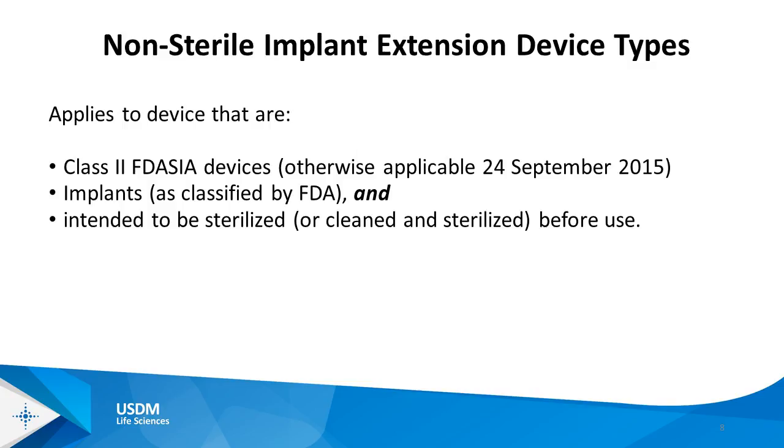And again, it's those devices that are packaged or distributed non-sterile to the end user and are intended to be sterilized before use. And I think most people who are operating in this space understand that these are devices that are primarily distributed in kits, sets, trays, whatever term you want to use, caddies, but it's those devices and that distribution method that we're talking about here. And those are the devices that we need to find a way of providing the UDI moving forward.